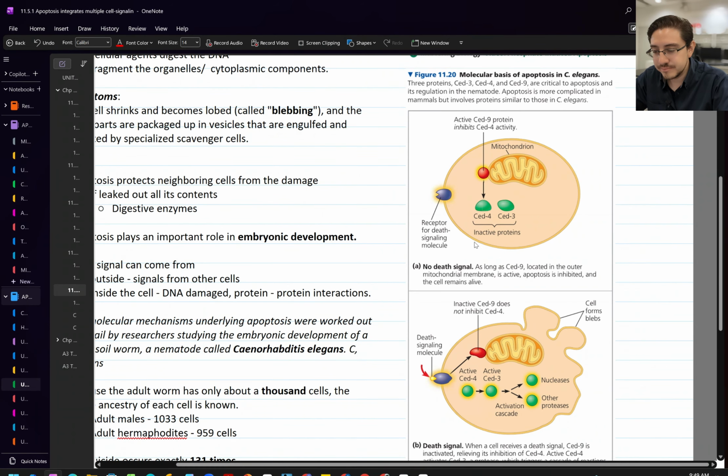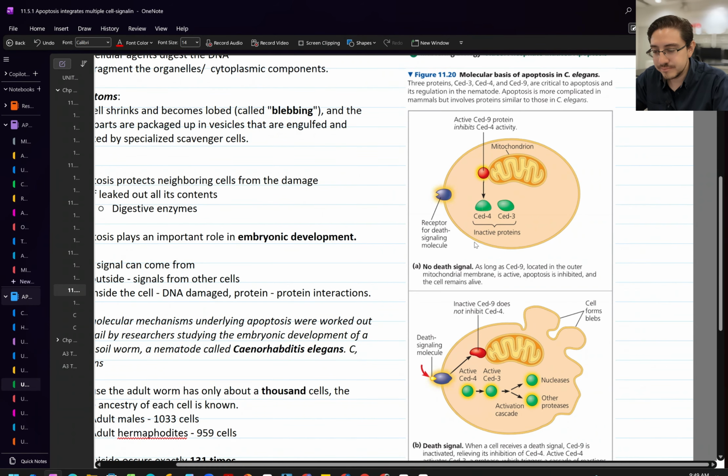I want to talk about development in terms of where we see correct apoptosis with cell development. So again, as I mentioned before, apoptosis is necessary for vertebrate development and maintenance.